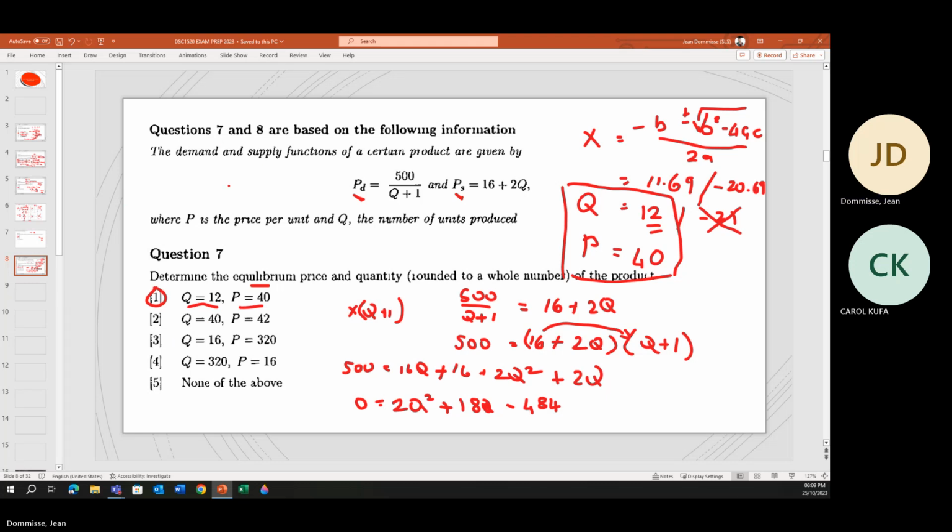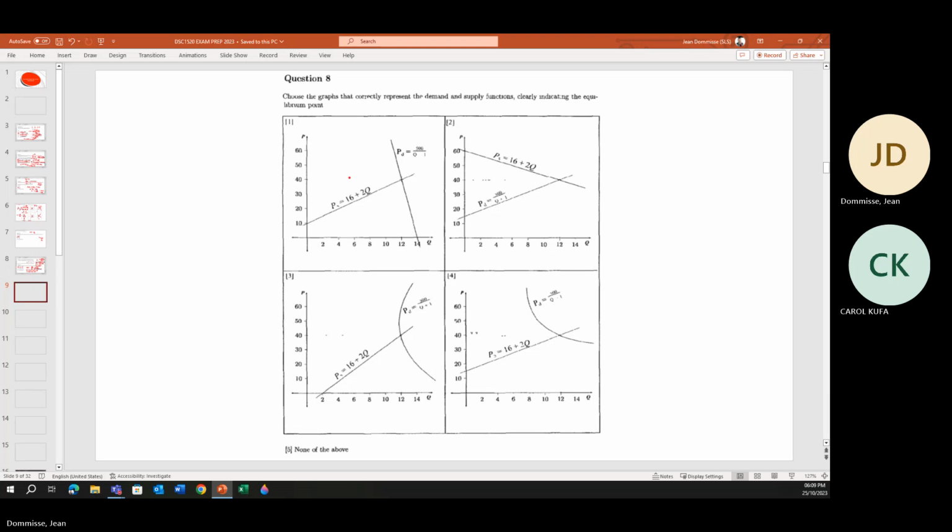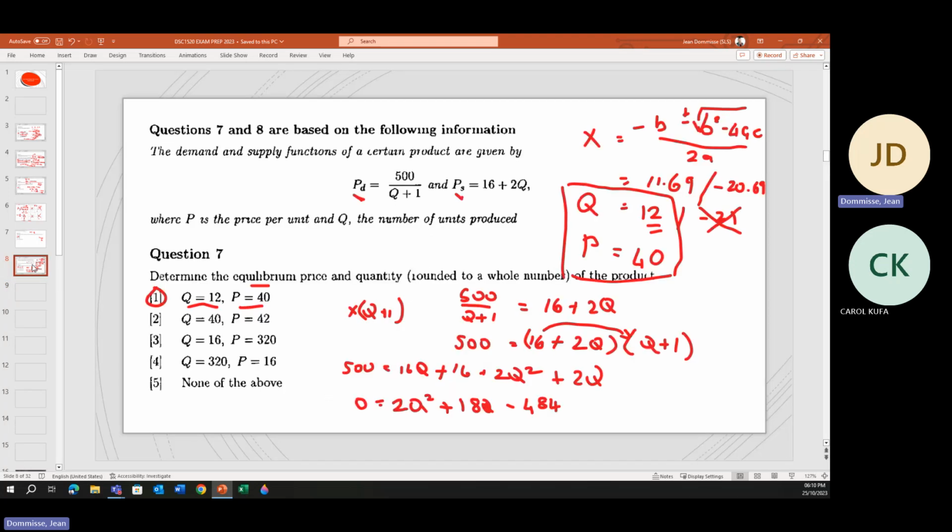Okay, so still based on this, they ask us then, choose the graphs that correctly represent the demand and supply function, clearly indicating the equation and the equilibrium point. Okay, so one can see this is a linear equation, this is non-linear.